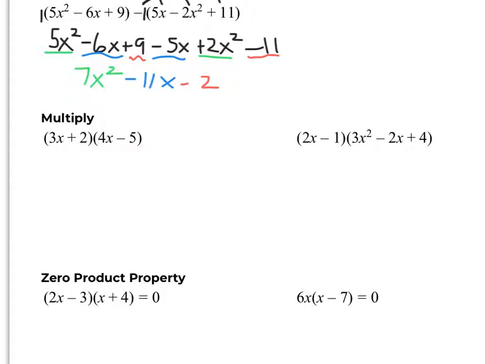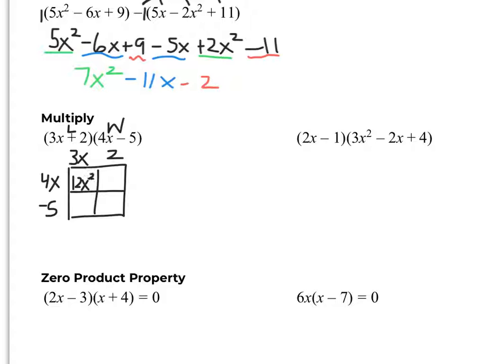Then we learn to multiply. When we're multiplying, we want to use the box. And specifically, it's like we're finding the area of a box where I have a length and a width. So we put those on the outside, 3x plus 2 and 4x minus 5. So 12x squared, 8x, negative 15x, and negative 10.